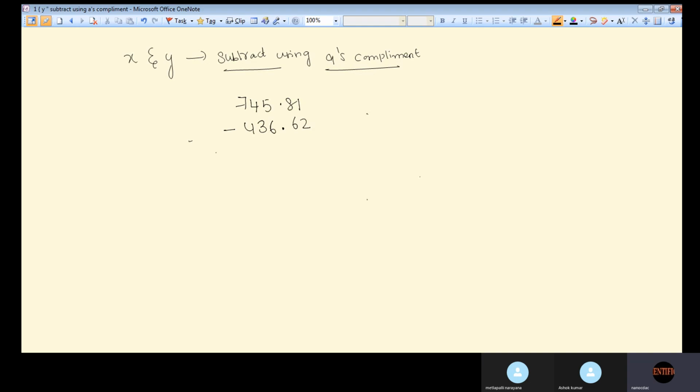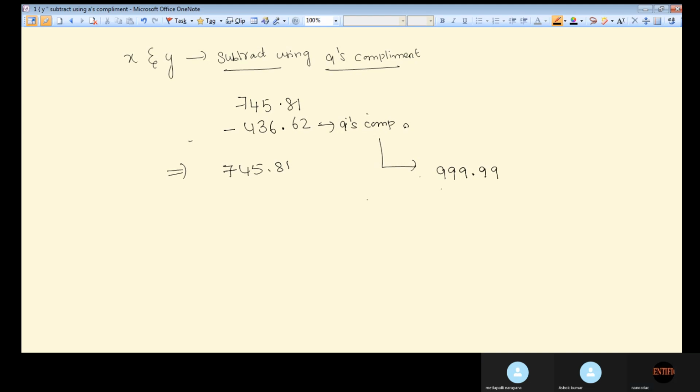In the nines complement method of subtraction, first thing is you take 745.81 and keep it as it is. For this number, you take the nines complement of 436.62.